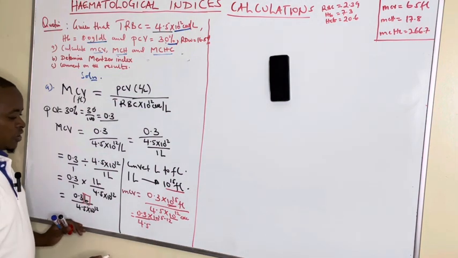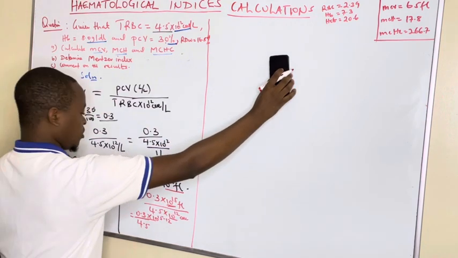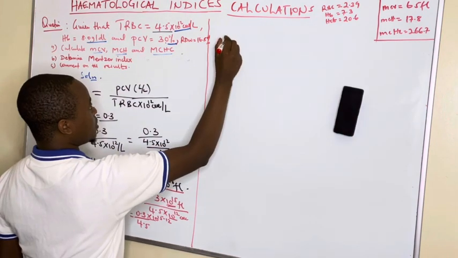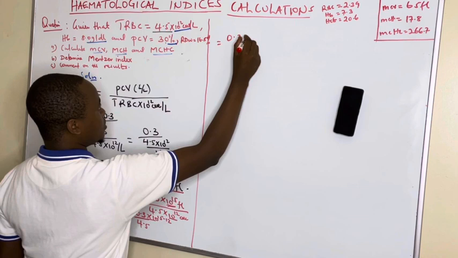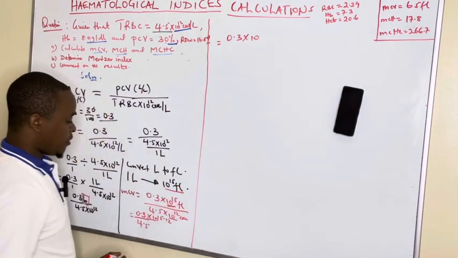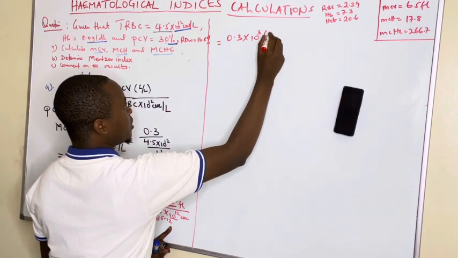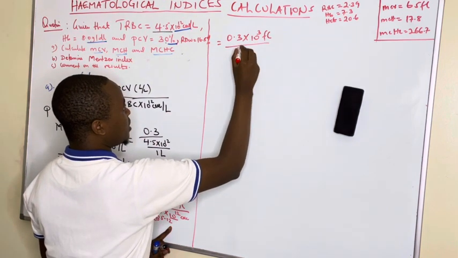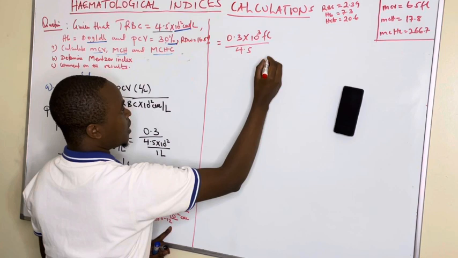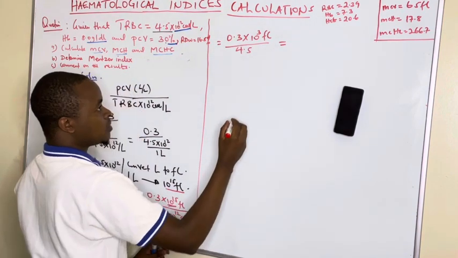In the long run we remain with 0.3 times 10 to power 3 femtoliters divided by 4.5.